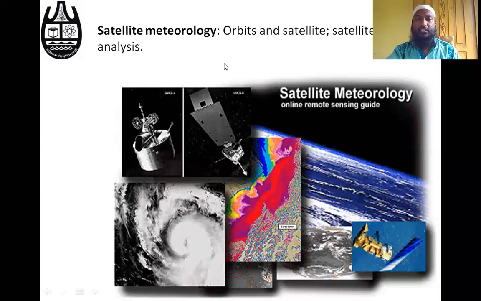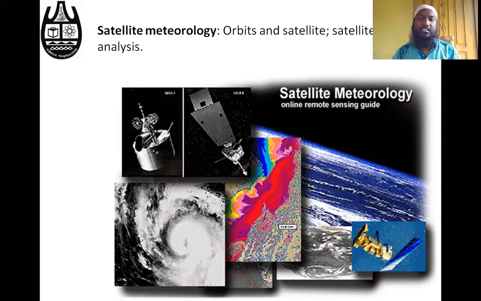So in this chapter, we are going to discuss different orbits. We are going to discuss different types of satellites, how they differ from one another, and how these images can be easily incorporated in our meteorological aspects. What are the areas where we can involve our knowledge?